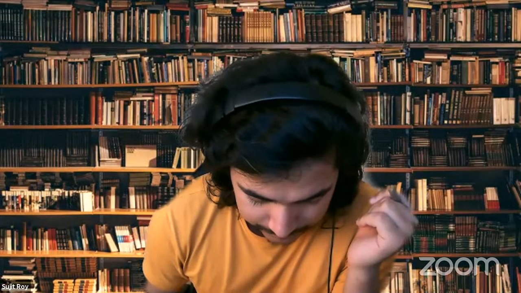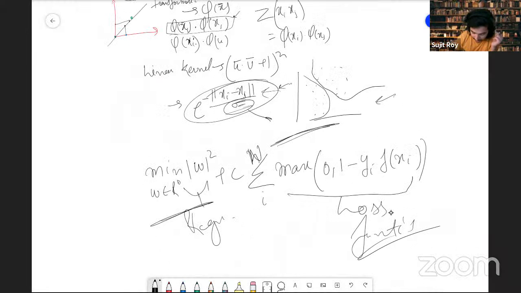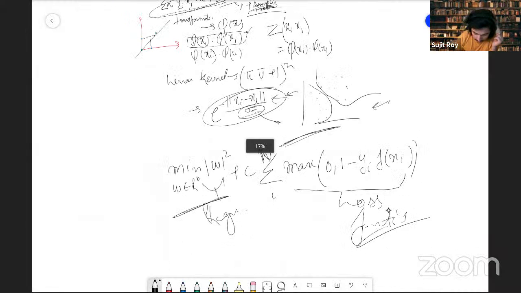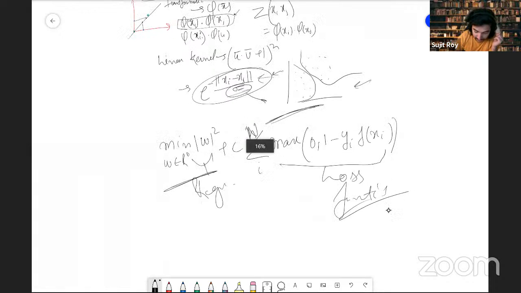But does e raised to the power of xi minus xj by sigma relate in some way to the dot product? I don't know, that's why I'm asking. No, it's not a problem actually. It is an already defined kernel.